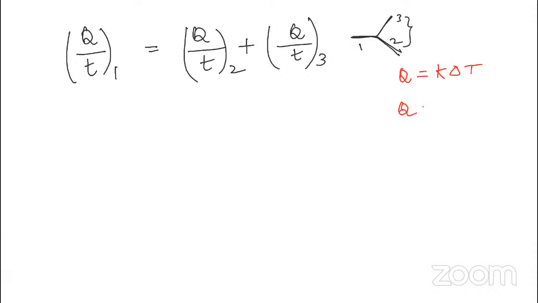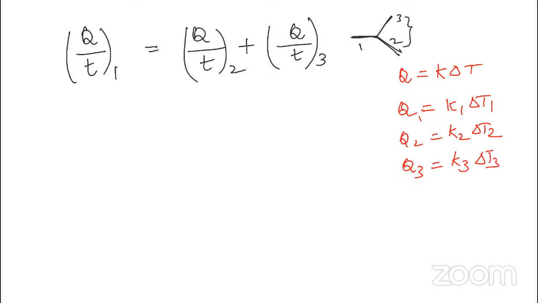Similarly Q2 is K2 delta T2, and Q3 is K3 delta T3. So we can substitute these into the formula.